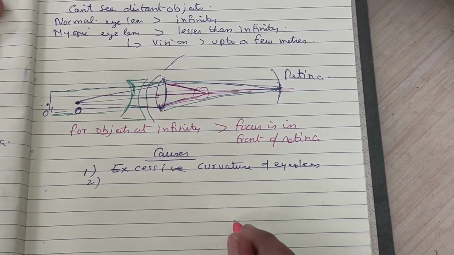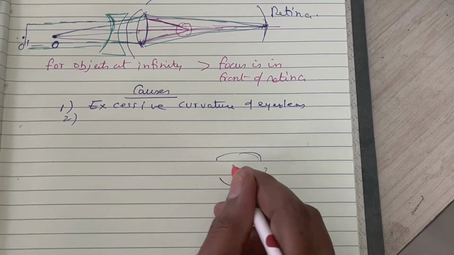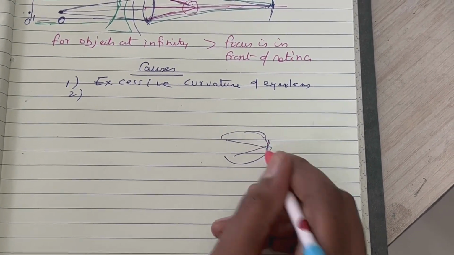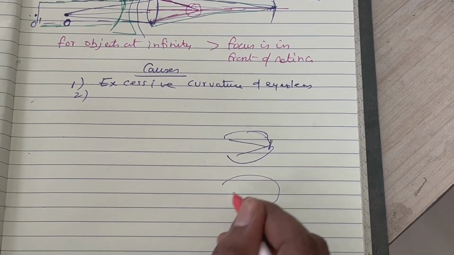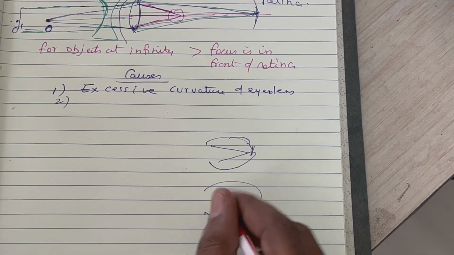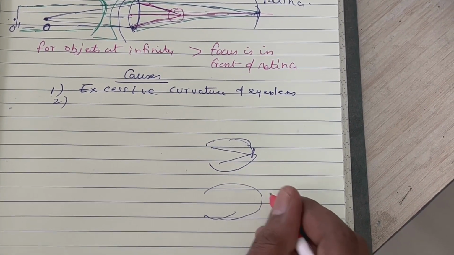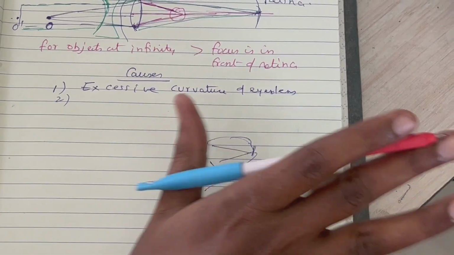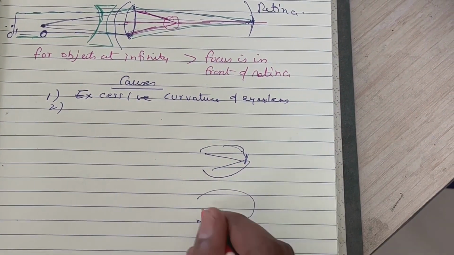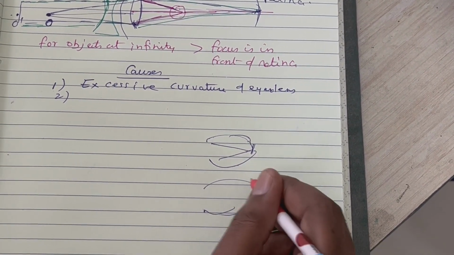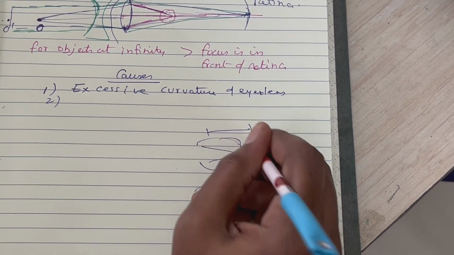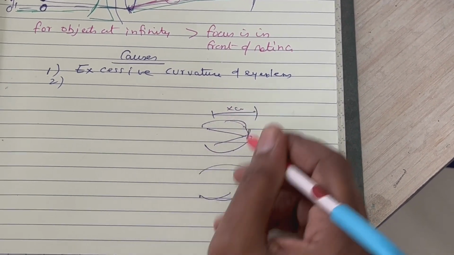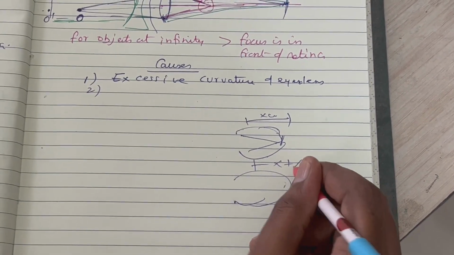Suppose the eye is like this and the focus is formed here, and suppose the length of the eye increases if you take a cut section. In this case, suppose this is x centimeters, and this becomes x plus x dash centimeters.